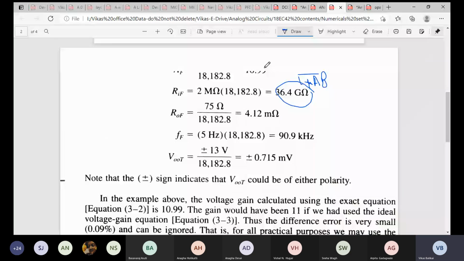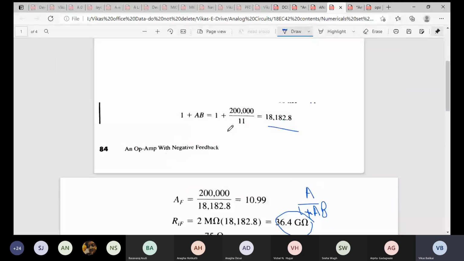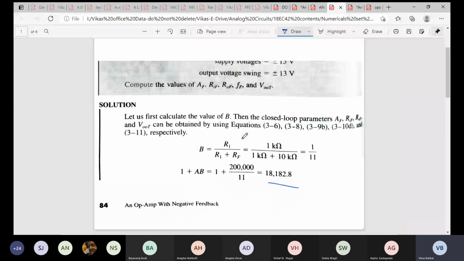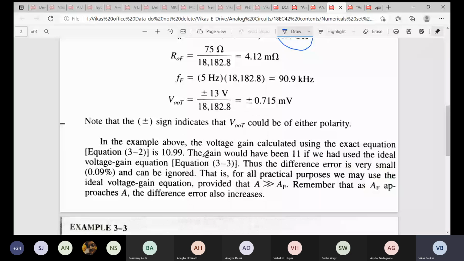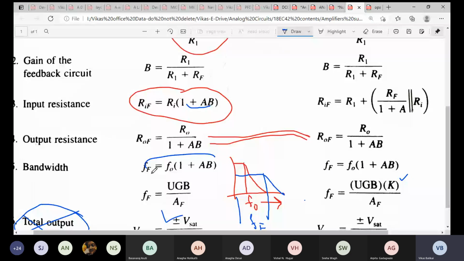Fine. Now let's move on to the aspect of FF, that is the break frequency with feedback, or basically the unity gain bandwidth. So what was the equation? It is F naught times 1 plus A beta. What is the equation of FF? F naught times 1 plus A beta, which I can see over here. So the same equation he has used. F naught is 5 hertz, he has mentioned over here.